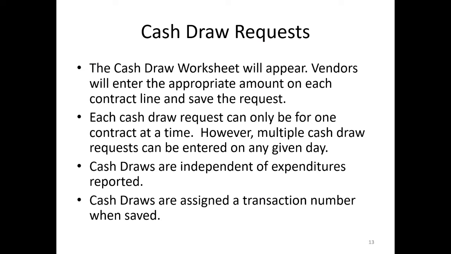But basically, you can go into the cash draw system and draw cash as needed through the life of the contract, subject to the 3-day cash rule of the Cash Management Improvement Act, meaning that you don't have more than 3 days of your cash needs on hand at any time. You can draw throughout the life of the contract. It doesn't necessarily have to be consistent with the date in which you're reporting your expenses.